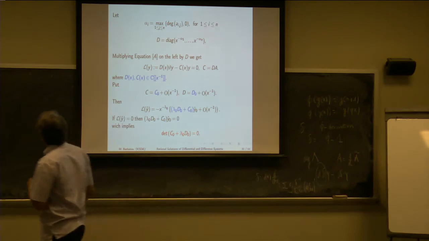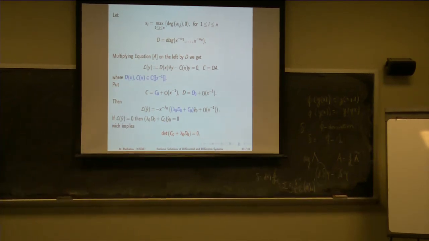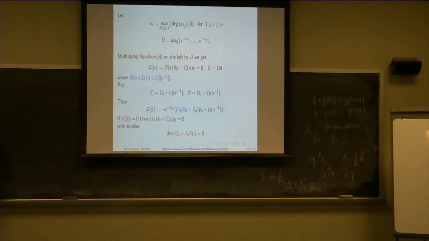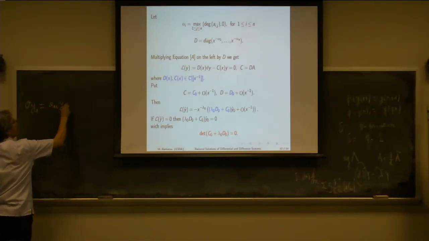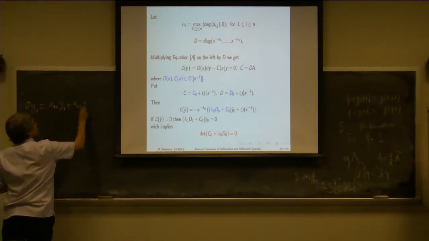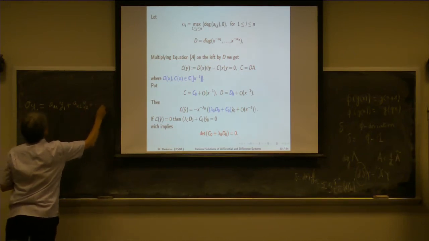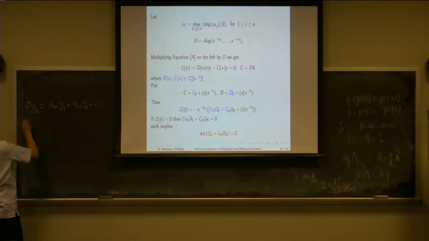So first equation, and I just multiply. So we have delta, a theta of y1, a y1, it looks like this. Okay, and so on.